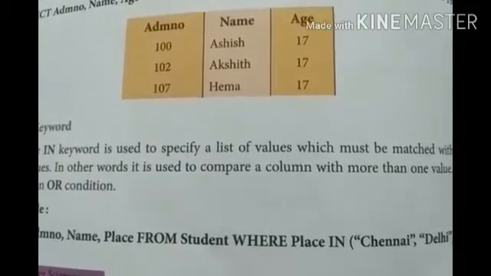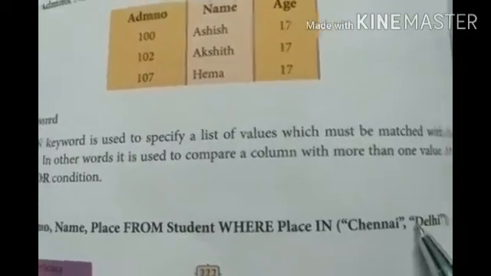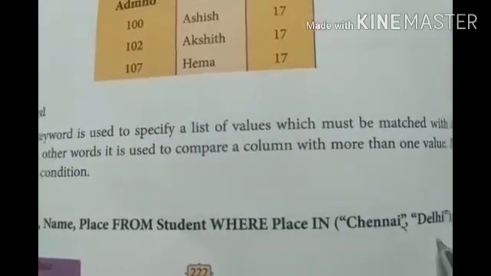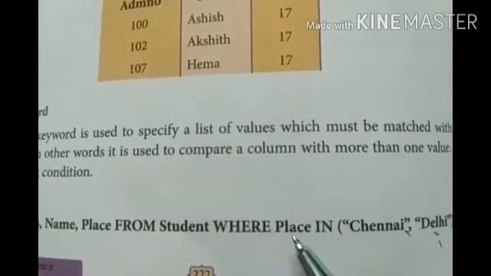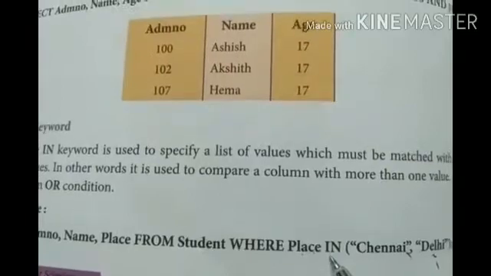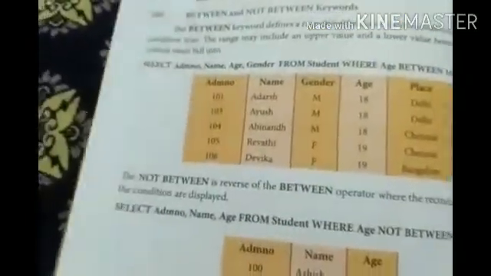Here the options are specified within the parentheses. The place value is either Delhi or Chennai. So if the place column contains Chennai or Delhi, those records are selected and displayed.